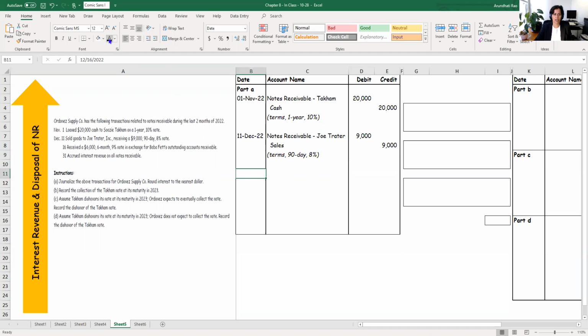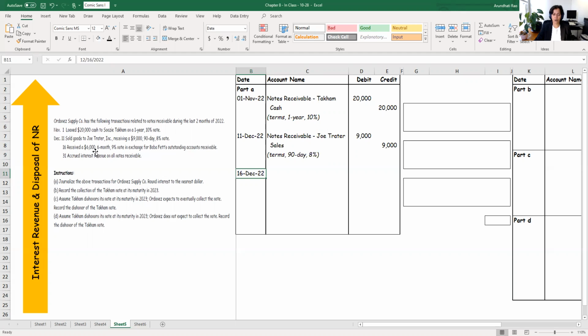The third transaction is on December 16th. Here we received a $6,000 6-month 9% note in exchange for an outstanding accounts receivable. What this basically means is I had sold goods or services on credit to a customer. They owed me money. That's $6,000.